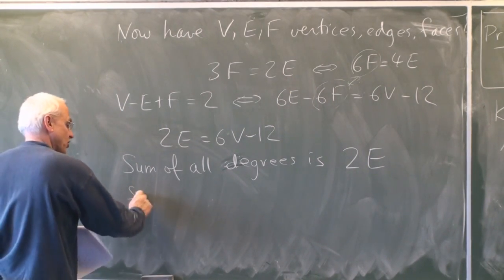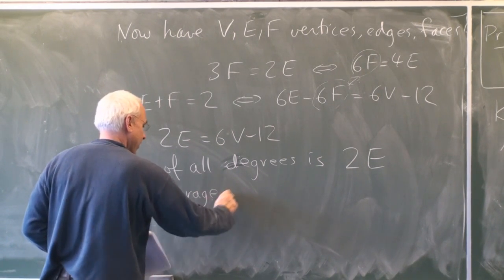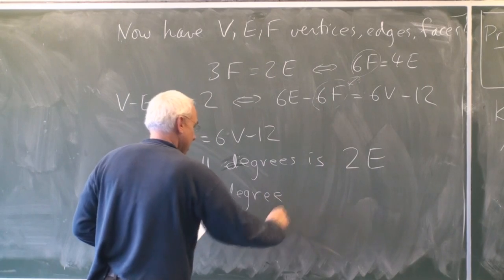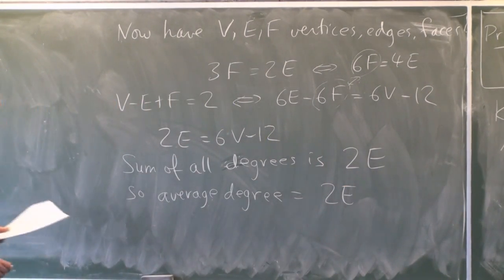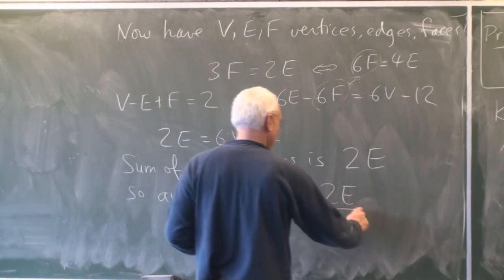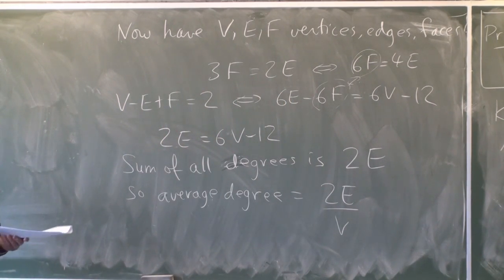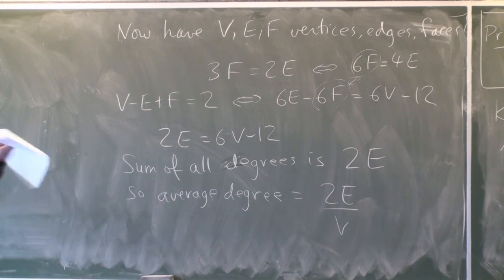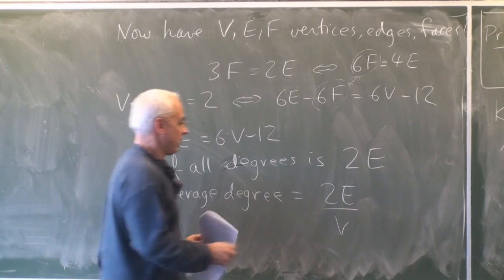So the average degree is the sum of all degrees divided by the number of vertices. I have V vertices. The sum of all these degrees is spread out amongst them rather irregularly, but the average is 2E over V.